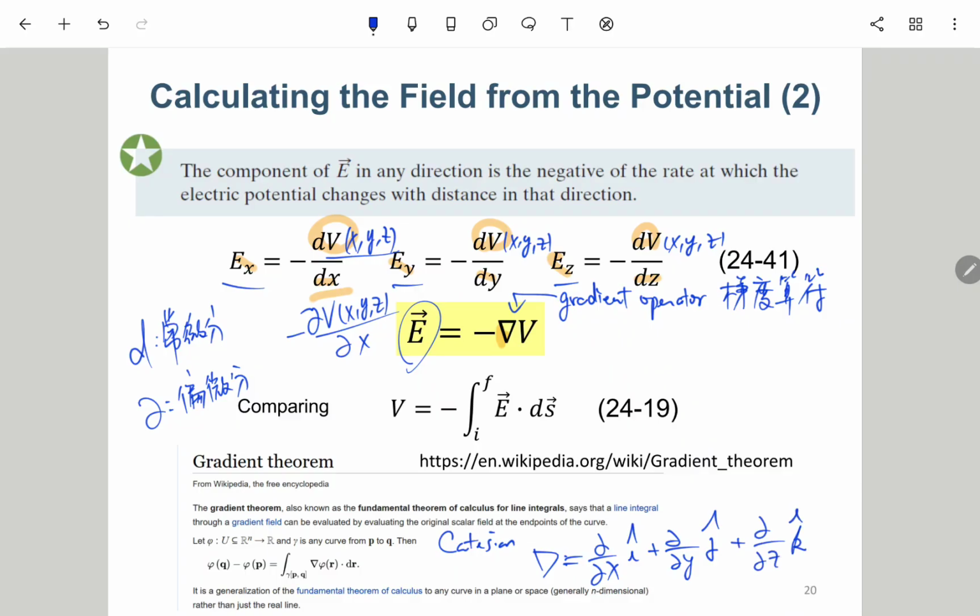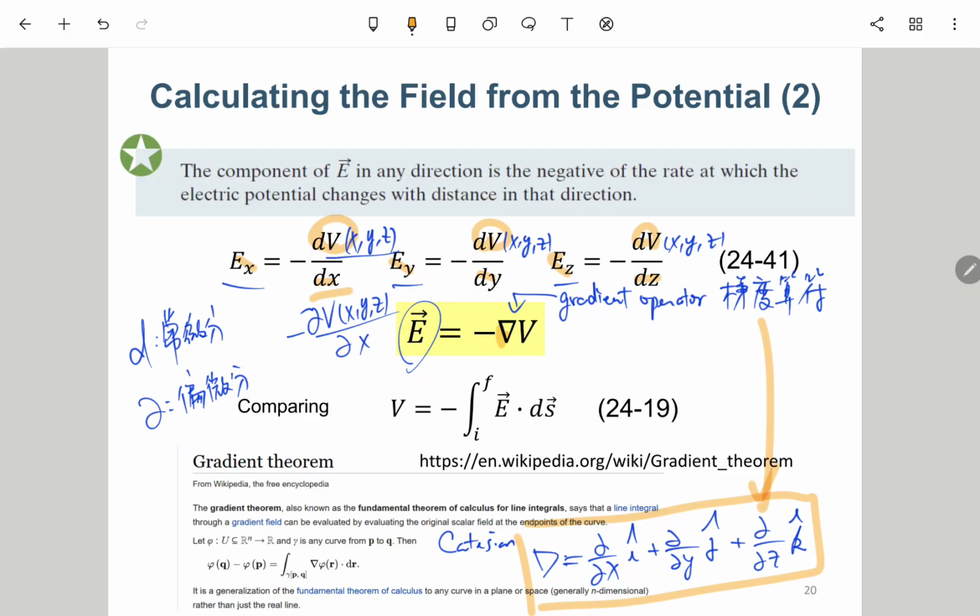This is an operator, so it cannot exist by itself. It needs to operate on something behind it. This is the so-called gradient operator, where we do the partial derivative of something behind.